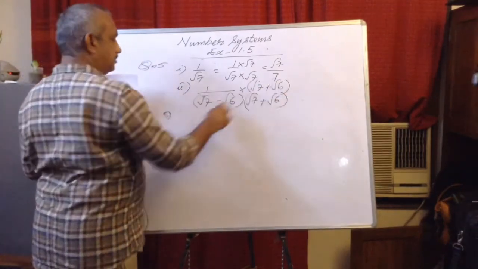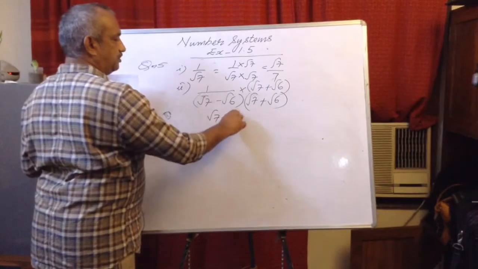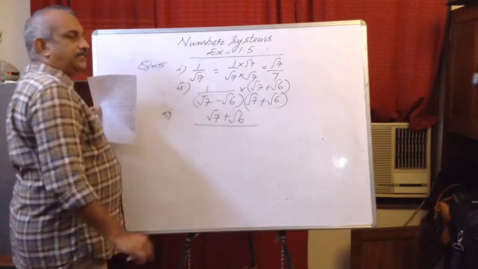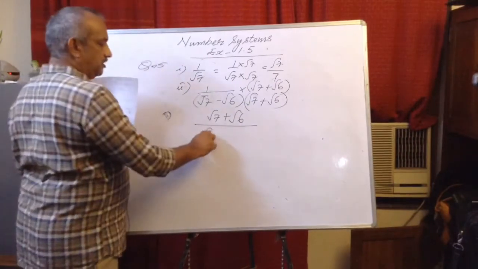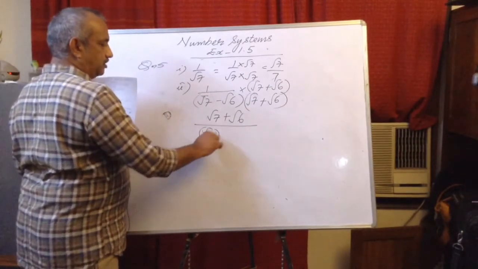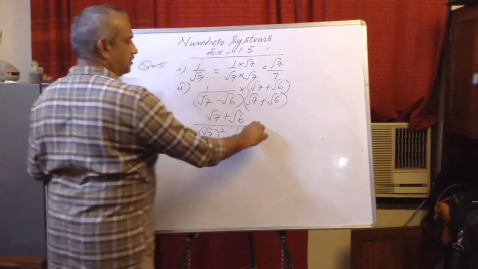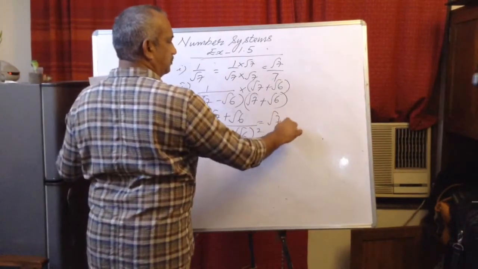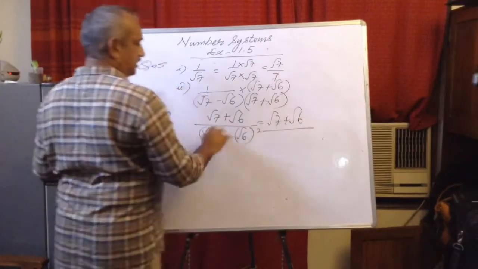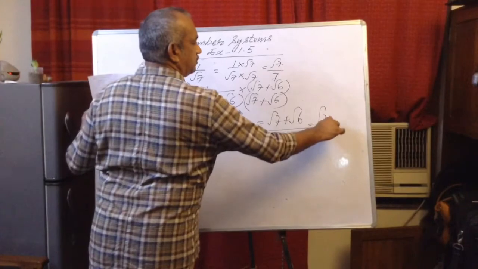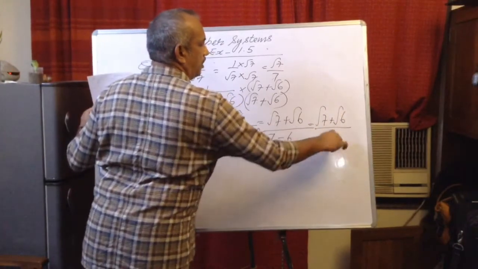So 1 into this is root 7 plus root 6 upon, it is in the form of third identity, a plus b into a minus b, root 7 the whole square minus root 6 the whole square. So the answer is root 7 plus root 6 upon 7 minus 6, or root 7 plus root 6 upon 1.